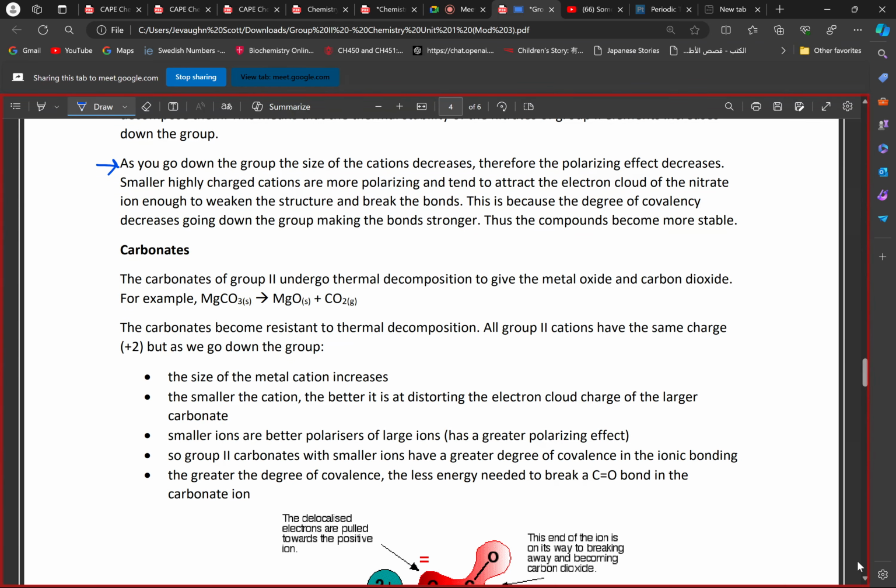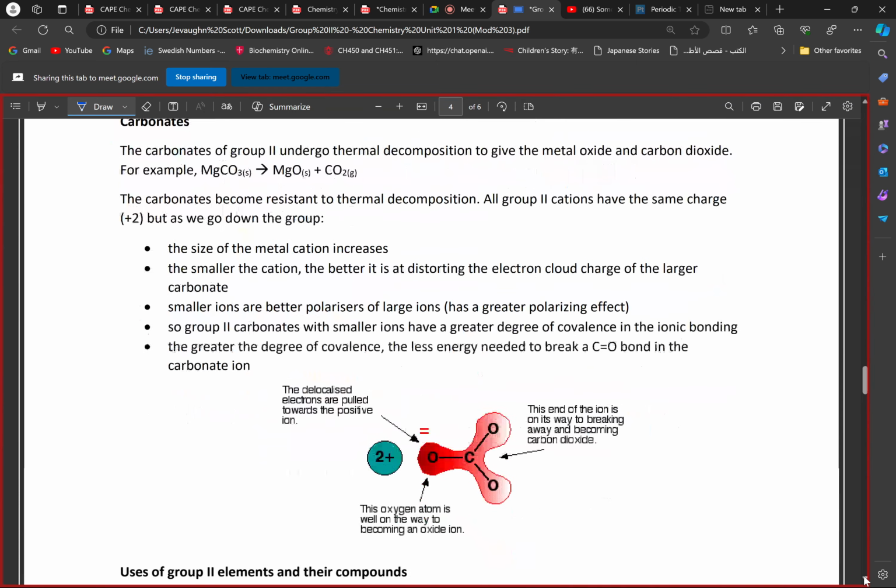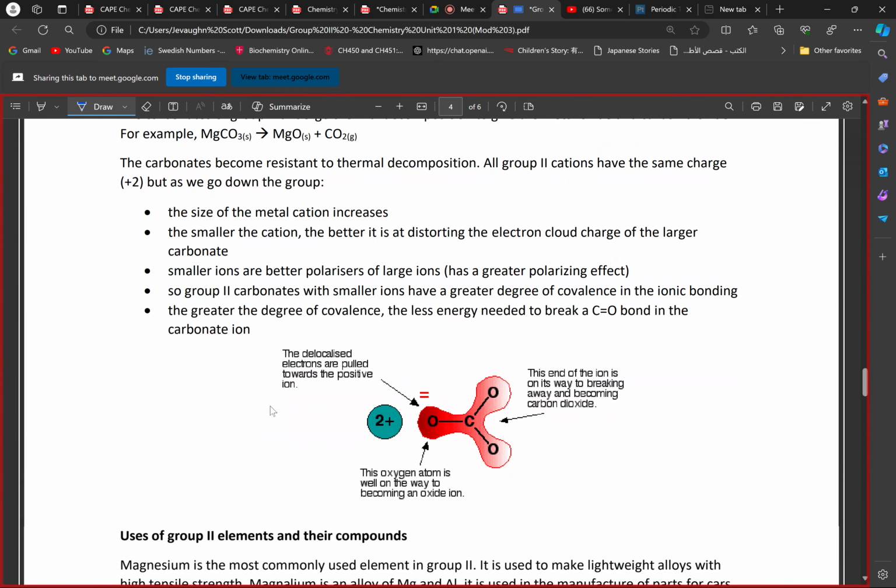So what's happening here now? We have our group 2 metal here, and we have the localized electrons existing in our carbonate, because we know our carbonate has a resonance structure. So the oxygen atom is well on its way to becoming an oxide, because there's going to be some electrostatic interaction between these two differently charged species.